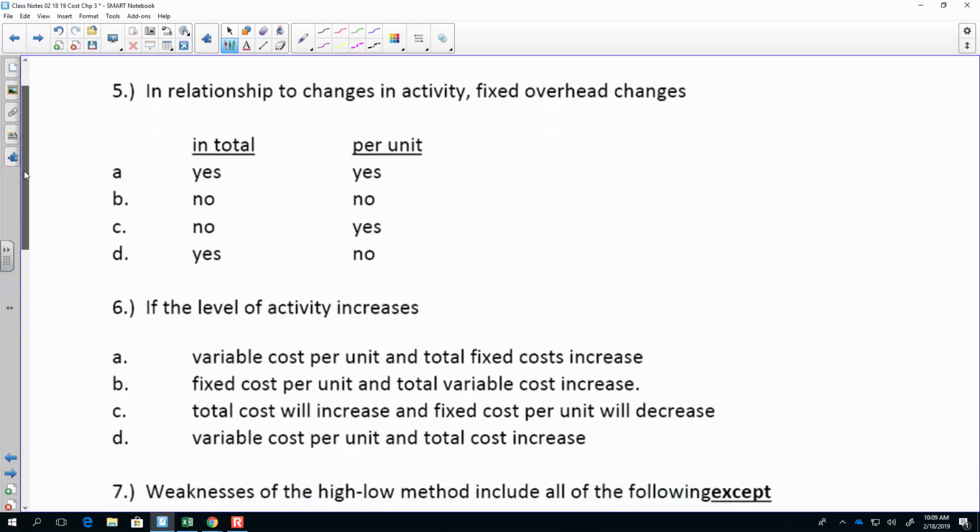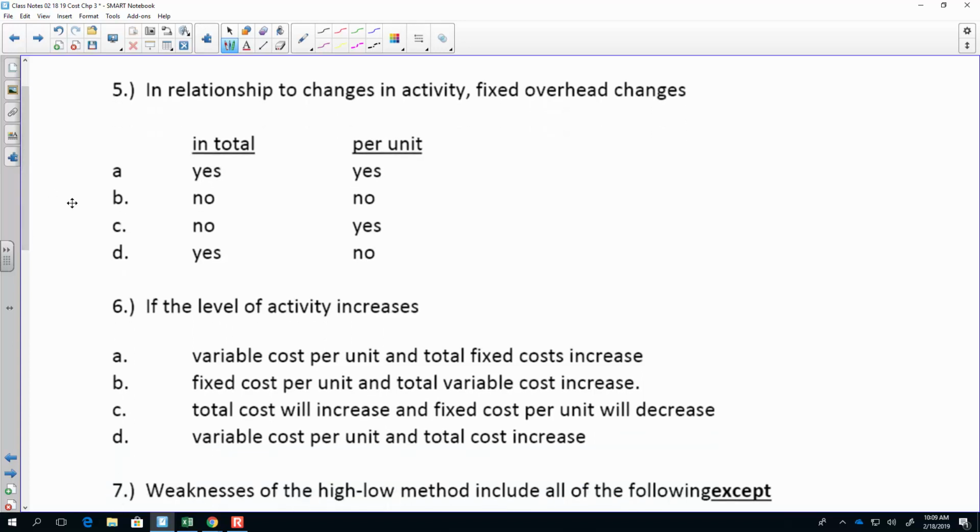Austin, how about fixed cost now? Does it change in total? No. So it's gotta be one of these two. So you got a 50-50 now. Per unit, does it change? Yes, it does. That's awesome. It changes in an inverse relationship.